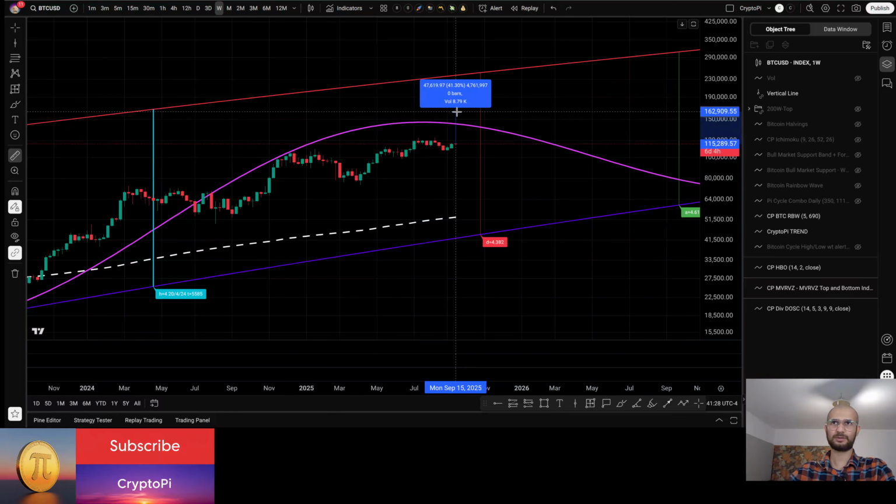Let's say it goes another 30-40%, and when it is at 40%, if this is the cycle high, and then it stays there for a few weeks, and then it crosses the distribution line, that's when it will be officially marked as the end of this cycle.